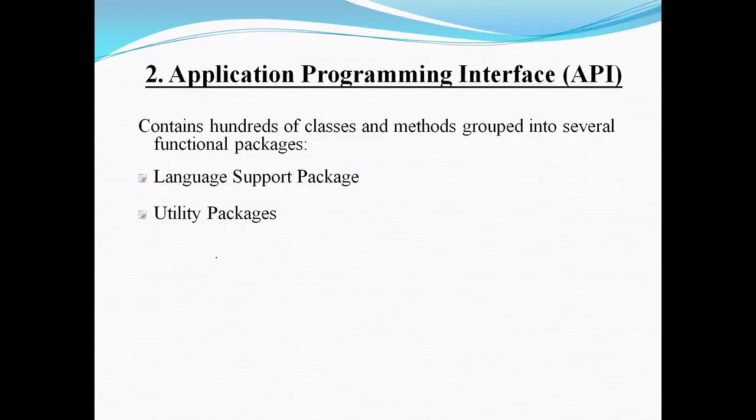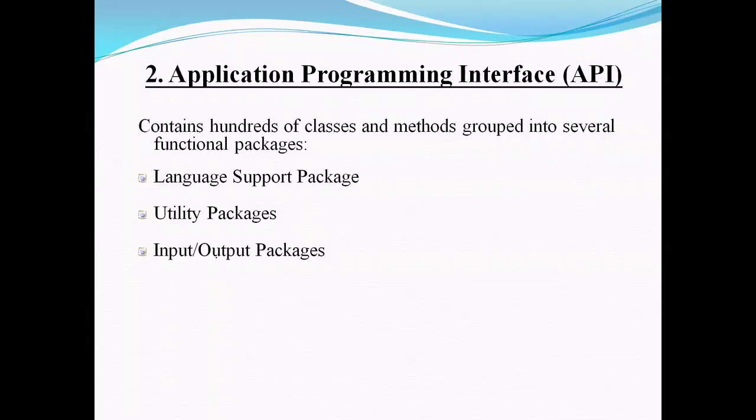Then we have utility packages. It is a collection of classes to provide utility functions such as date and time functions. Then we have packages for input output related work, and this is also a collection of classes required for input output manipulation. So reading from different sources and writing to different sources by using a Java program is possible by using these input and output packages.